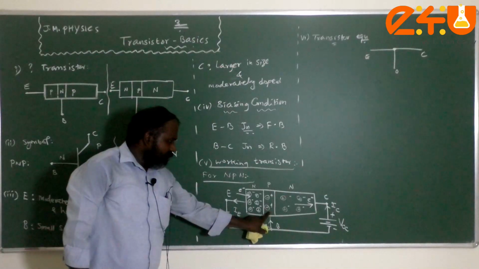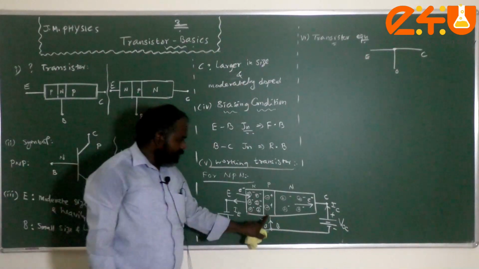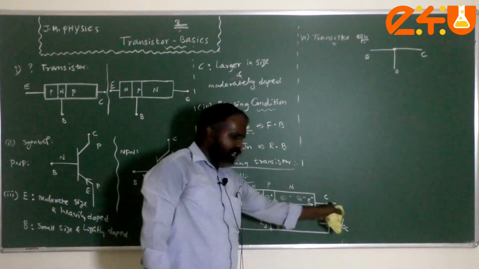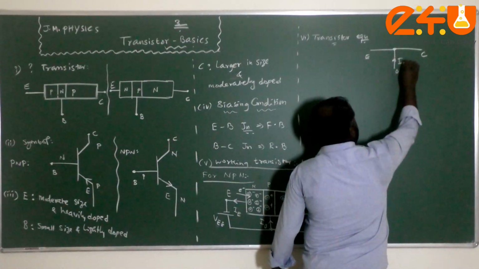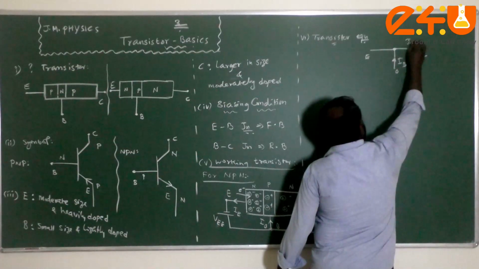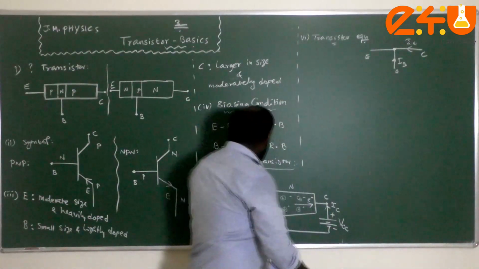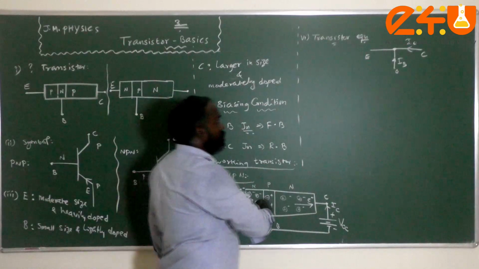Now please see this diagram. At the base junction, current is towards the base layer, and the collector current is also towards the base layer. Therefore, I can mark this as IB, and this is IC. And we know that IE is outward.